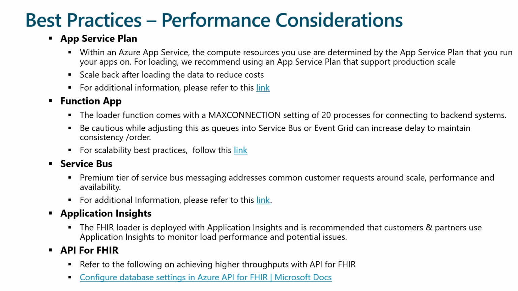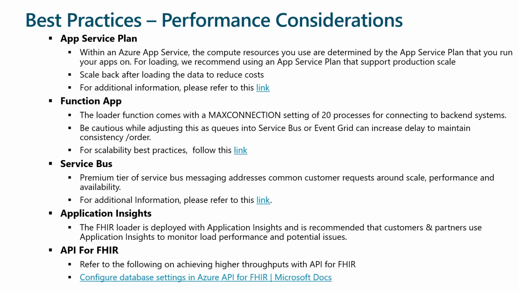You can refer to the link on the app service plan here. In terms of the function app, the loader function comes with a max connection setting of 20 processes for connecting to the backend system. Be cautious while adjusting this, as queues into service bus or event grid can increase delay to maintain consistency and order. Again, you can follow the scalability best practices available through our docs link, which is also shared here.